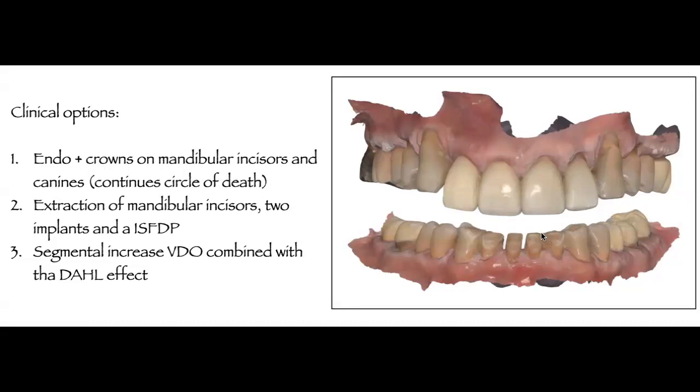But in parentheses, I've written here, to continue with the circle of death. If you think about it, if I were to remove the pulps from these teeth, which at this point they don't need me to do, these teeth are vital, responding correctly to cold, no symptoms to percussion, and no discomfort with any hot substances.